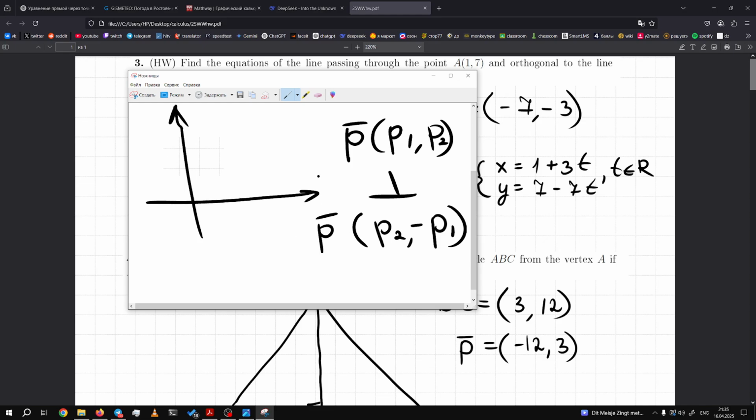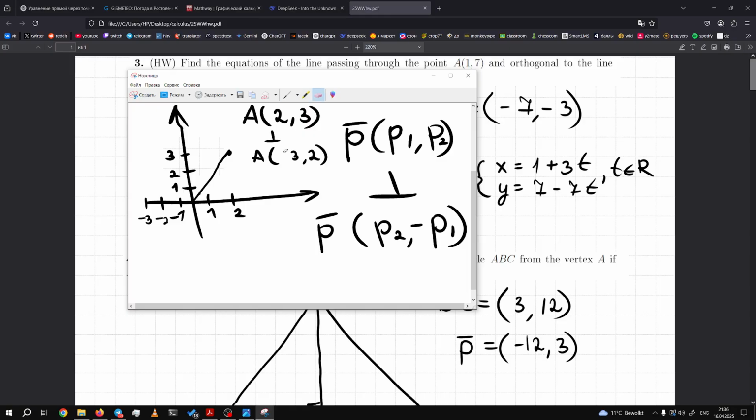So if you write, say, A with coordinates 2, 3, so 1, 2, 1, 2, 3, this is this one. And what is orthogonal? Orthogonal is minus 3, 2, right?